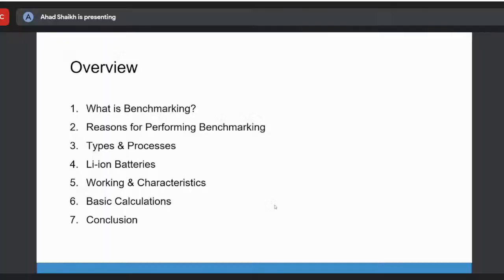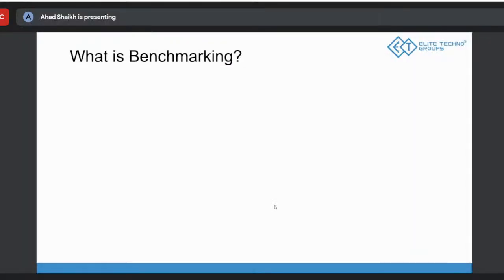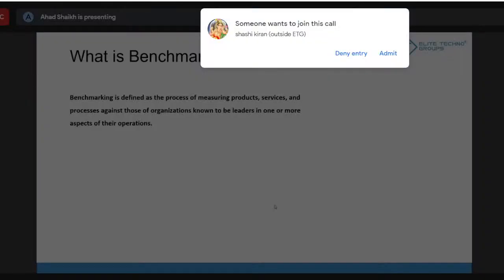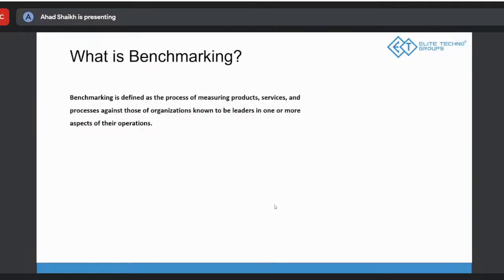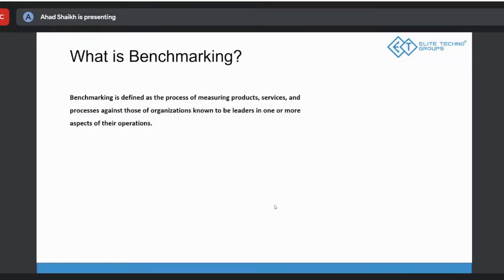Okay, so let's begin with the definition. What exactly does benchmarking mean? Benchmarking is defined as the process of measuring any product, service, or process strategy against something similar in another organization, which is considered a leader in multiple aspects.